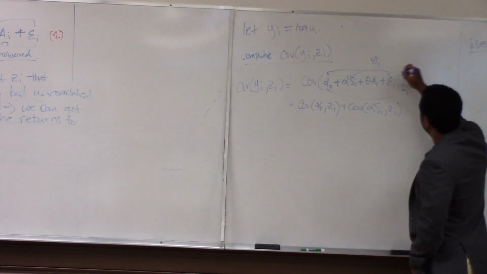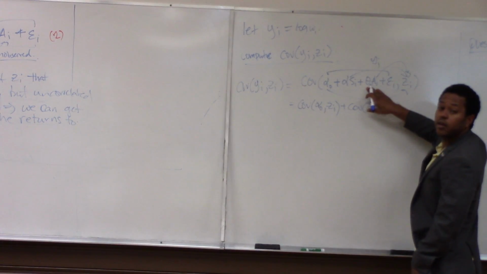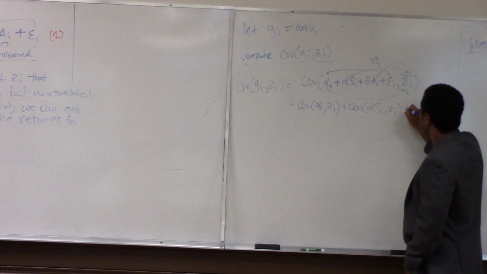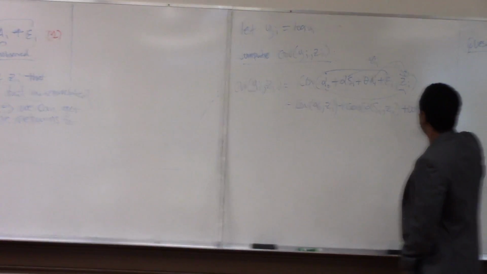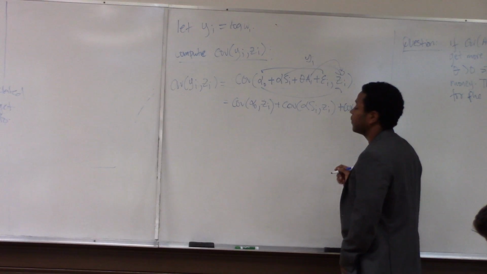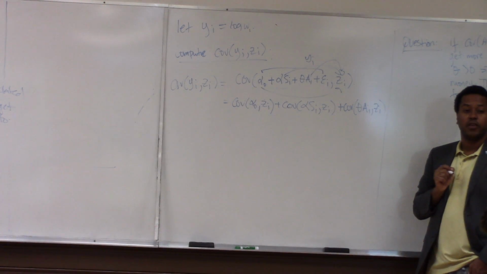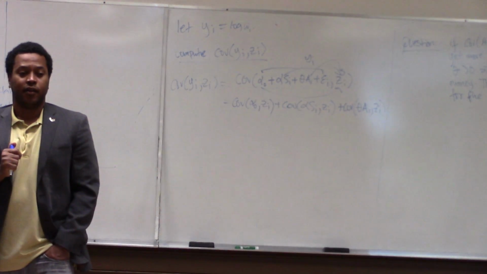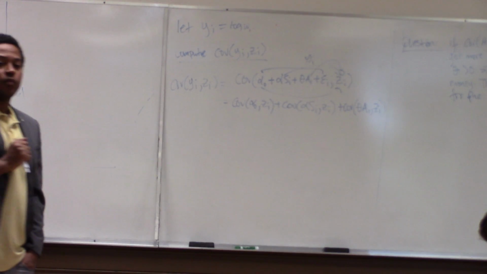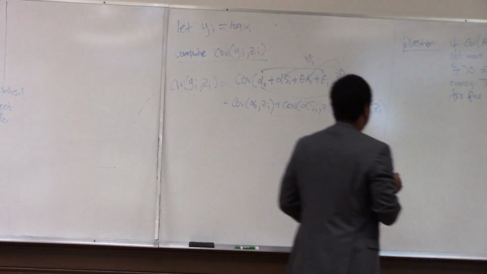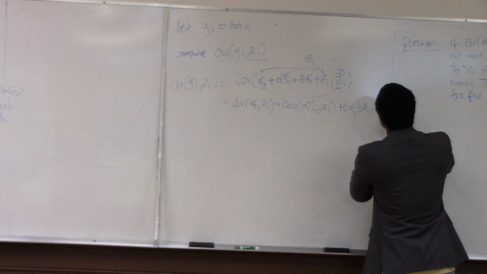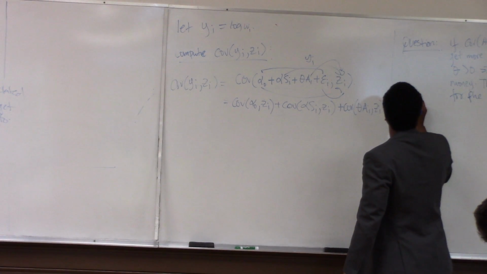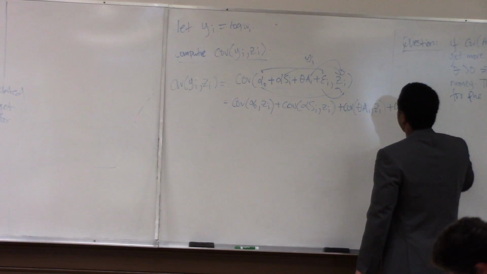The third term is the covariance of theta ai with zi. I'll wait for a second before I do the last one, so you can catch up with the writing. And the last term is going to be the covariance of epsilon i with zi.